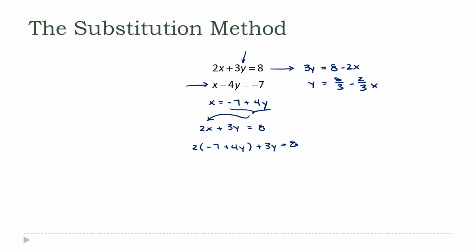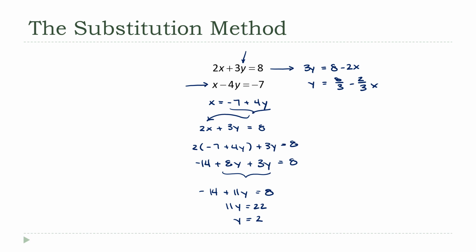Let's distribute the 2: negative 14 plus 8y plus 3y equals 8. And we'll combine these like terms here. Negative 14 plus 11y equals 8. Add 14 to both sides. 11y equals 22. y is equal to 2, right? Divide by 11. Now again, we're not done.